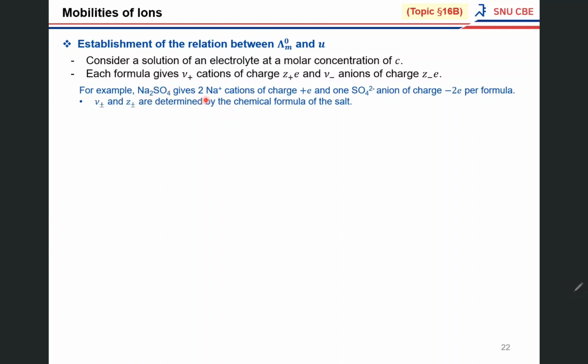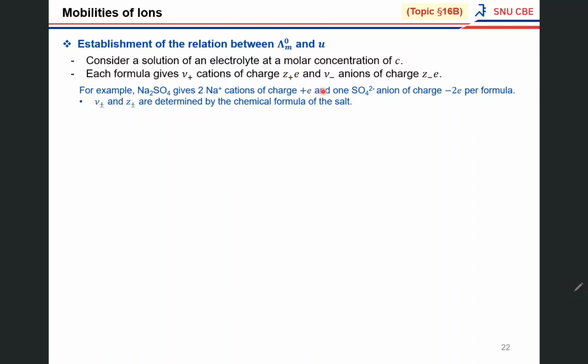For one chemical formula, it will give two sodium cations. So nu plus is 2 here, and the charge carried by a single sodium ion is plus e. So Z plus is plus 1, and e is the charge of one electron.